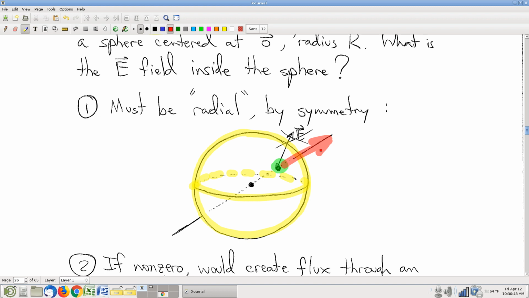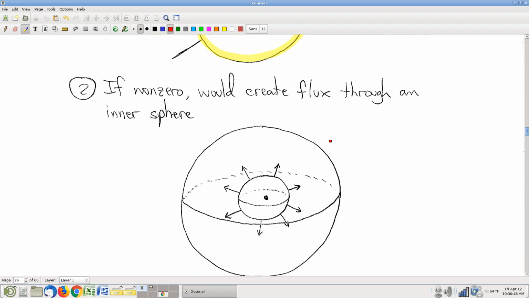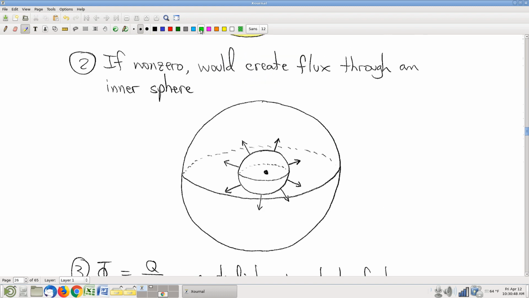Furthermore, if I were to look at any point, reminder, we're looking at this point here inside the sphere. If you look at all these other points equally distant from the center, well, the field not only has to be radial at all of those points as well, but furthermore, these magnitudes have to be the same, right?